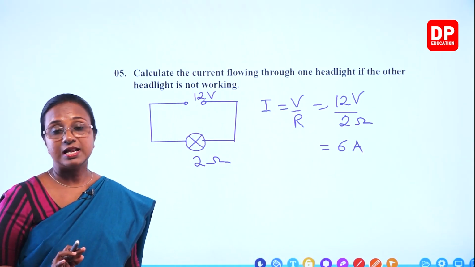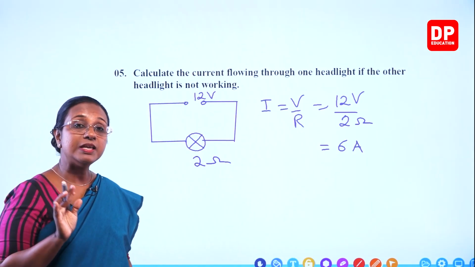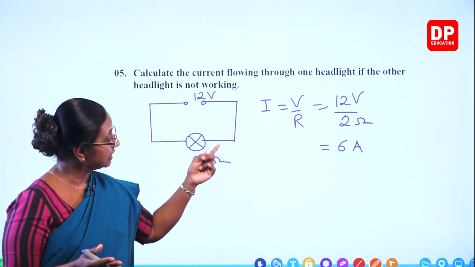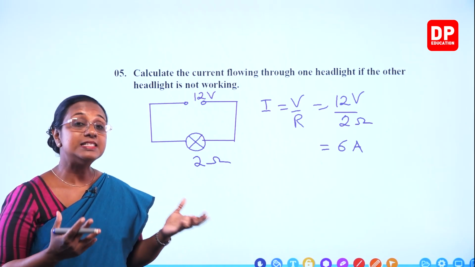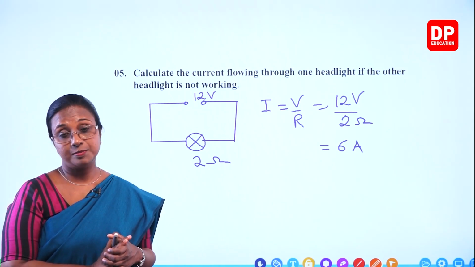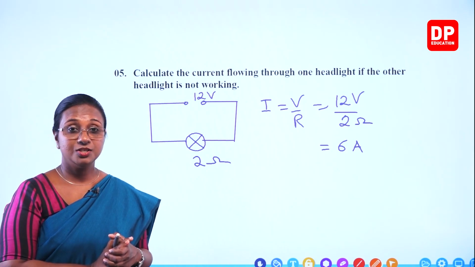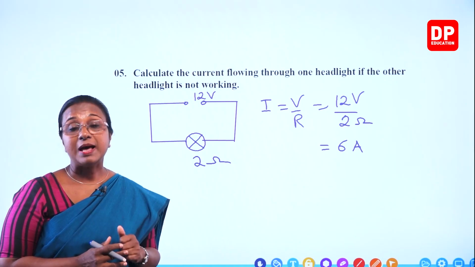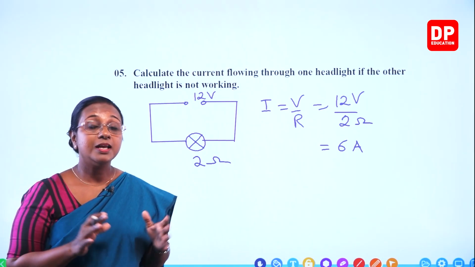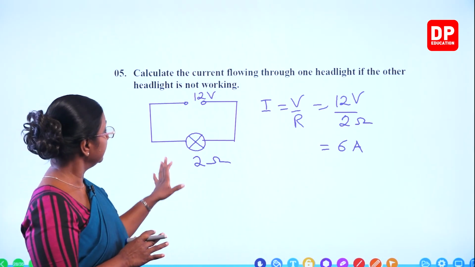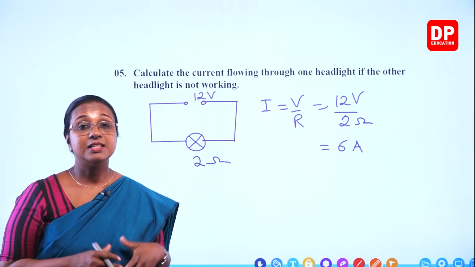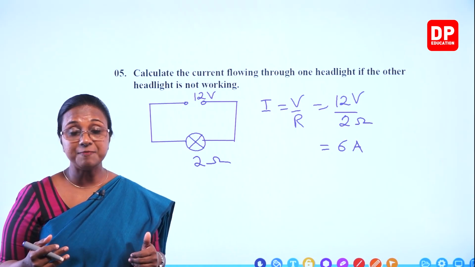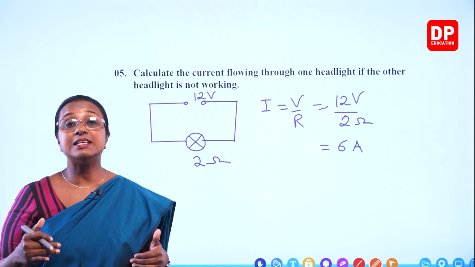So now can you all understand? Whether we have both the headlights or only one headlight, the same current, and still the light will come on. It will function. So that is the advantage of having the headlights in a parallel manner. When the headlights are connected in a parallel manner, these are the advantages. The same current flows through both the circuits because the potential difference is the same and the resistance is less.